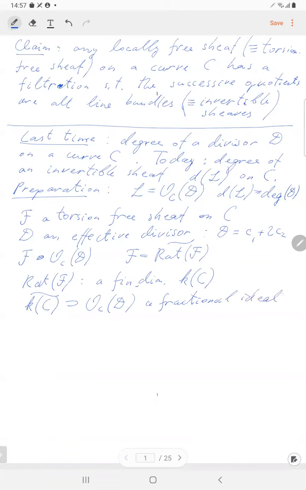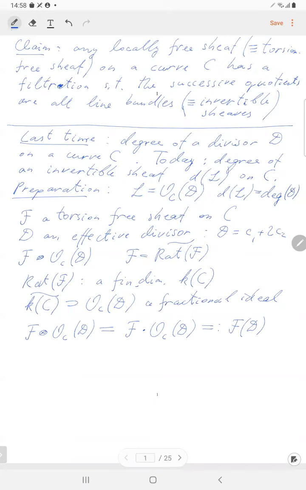And so we can multiply. And the claim is that F tensor O_C of D is nothing but the multiplication F times O_C of D. So once again, in this second interpretation, I use that F lies inside this big quasi-coherent sheaf that is acted upon by rational functions, and O_C of D also lies inside the rational functions, and both things are called F of D for short.